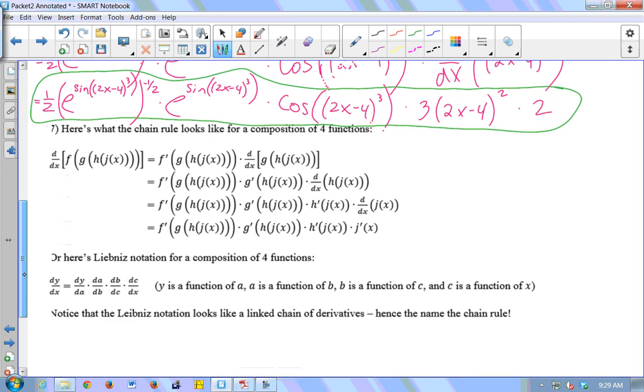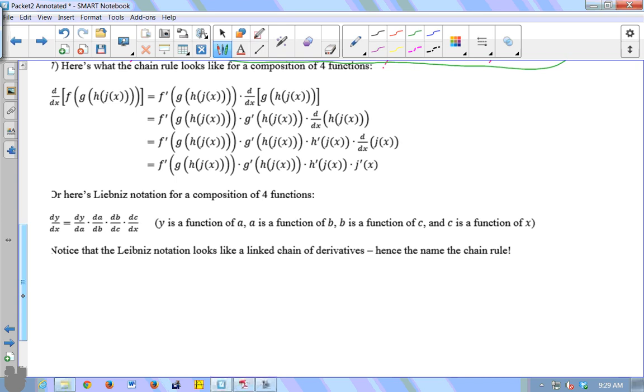So here's what the chain rule looks like using the prime notation for a composition of 4 functions, which is exactly what we just did, right? If you want to take d dx of f of g of h of j of x, first you take f prime evaluated at everything on the inside, g of h of j, then times the derivative of what's inside, g of h of j of x. But to take this derivative, you're going to have to apply the chain rule.